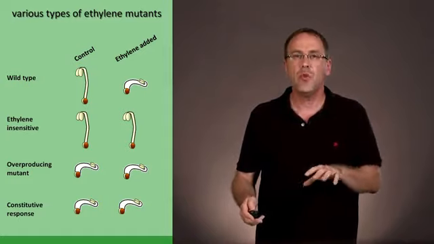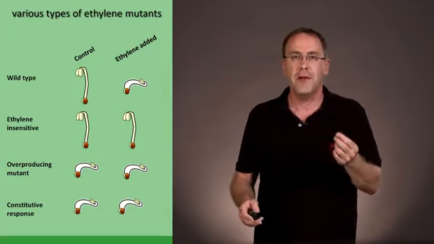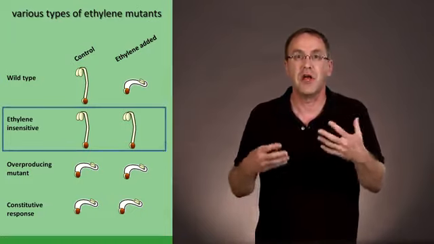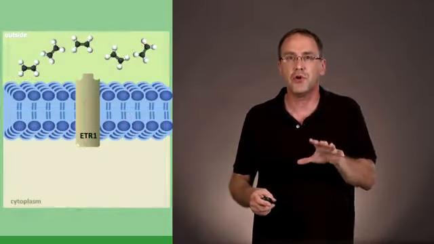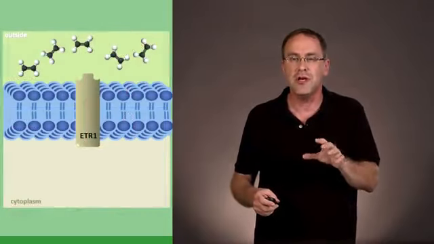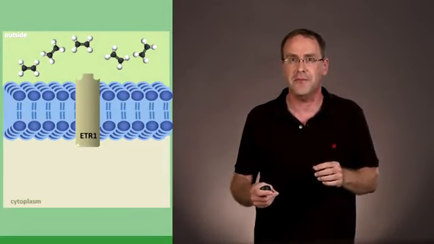But let's get back to what is the ethylene receptor. These mutants, for example, that are, I don't want to say blind, but have lost the ability to respond to ethylene, are mutant in what's called the ethylene receptor. Now, the ethylene receptor was the first protein that was really shown to be a receptor of a hormone in plants, and this was done back in 1993.